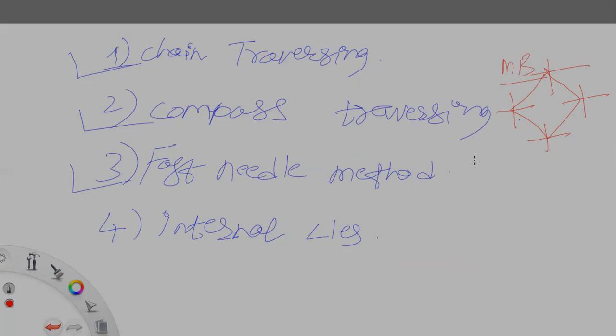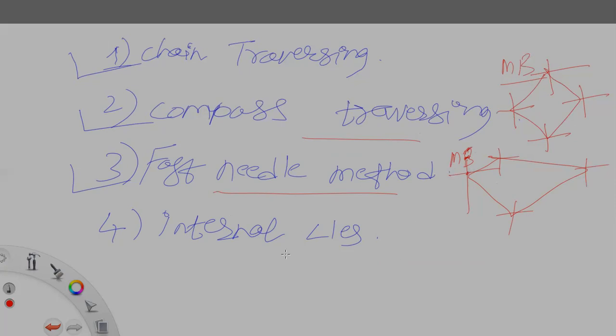But in the fast needle method, you fix one magnetic bearing, and with reference to this bearing, you take readings at different stations. So this method is more accurate than compass traversing, because one bearing is fixed and will not change, so there is no question of errors here.